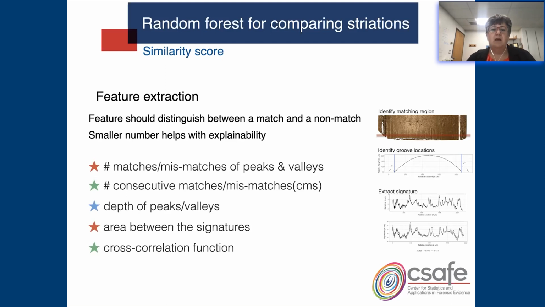So here, for example, you recognize the CMS, the consecutively matching striae score. That goes back to Biasotti. And we're just trying to describe in the features some approaches that examiners might use in order to declare whether two lands from a bullet are matching or have enough similarity for an identification or not.